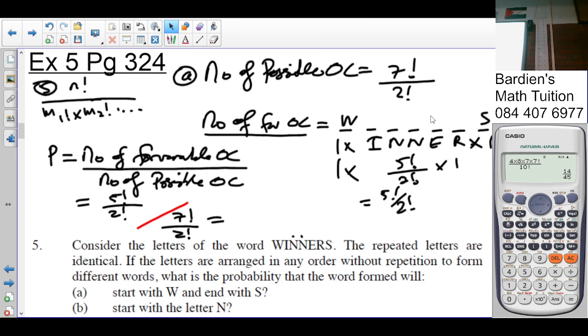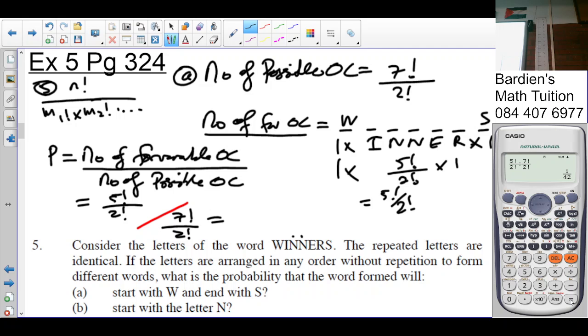Do that in the calculator. 5 factorial over 2 factorial, divided by 7 factorial over 2 factorial. Gives you 1 over 42. Is that correct? The textbook says 1 over 84. Right, I made a mistake somewhere.